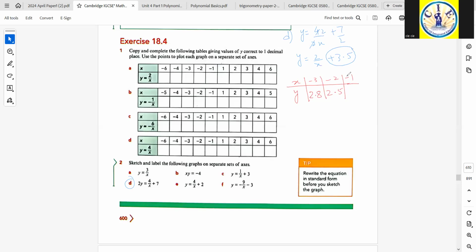For -1, this is going to be 3 by 2, which is 1.5. And for 0, this time this term would become 0, but 3.5 would remain. So we need to see that it is not going to be undefined at x equal to 0 like the previous two parts.